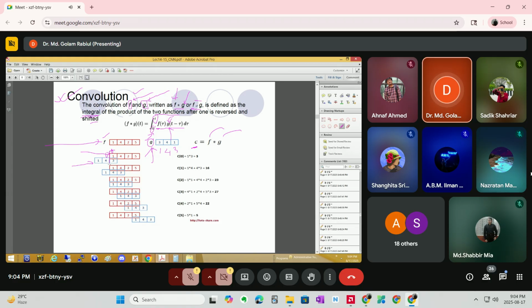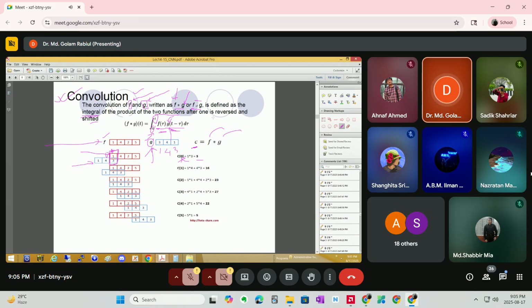So we can see this part is common between these two functions at first. So 3 times 1 is 3. So after performing the convolution between these two functions, the first element you will get is 3.